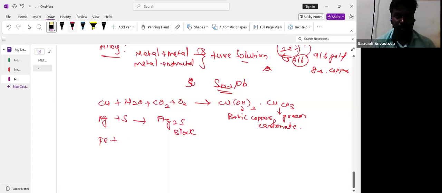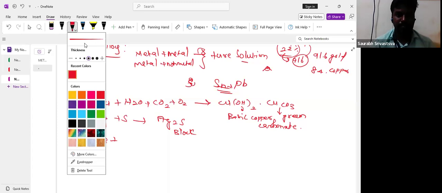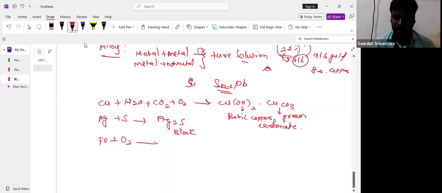Iron reacts with oxygen in the presence of X number of water molecules. What does X number of water molecules mean? Many water molecules will be present in the substance. That means rust will not happen in the summer season. It will happen only in the winter season or rainy season.